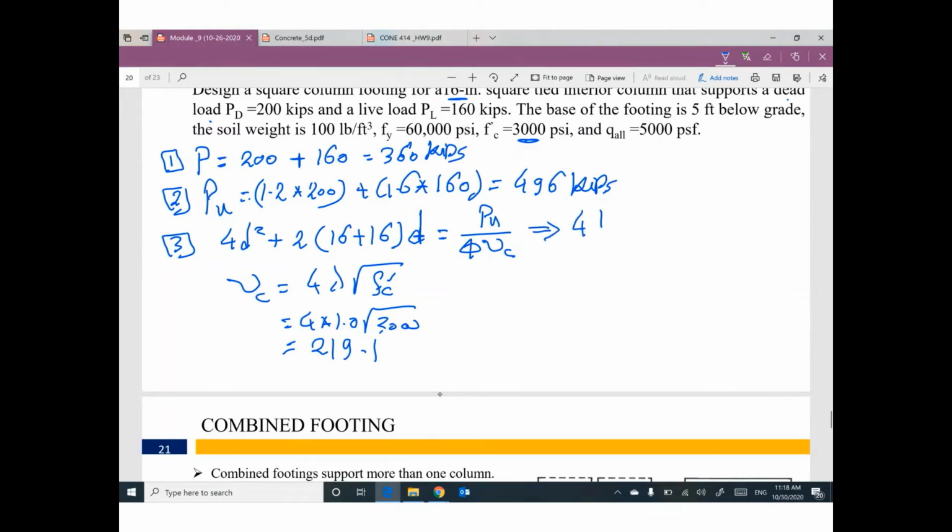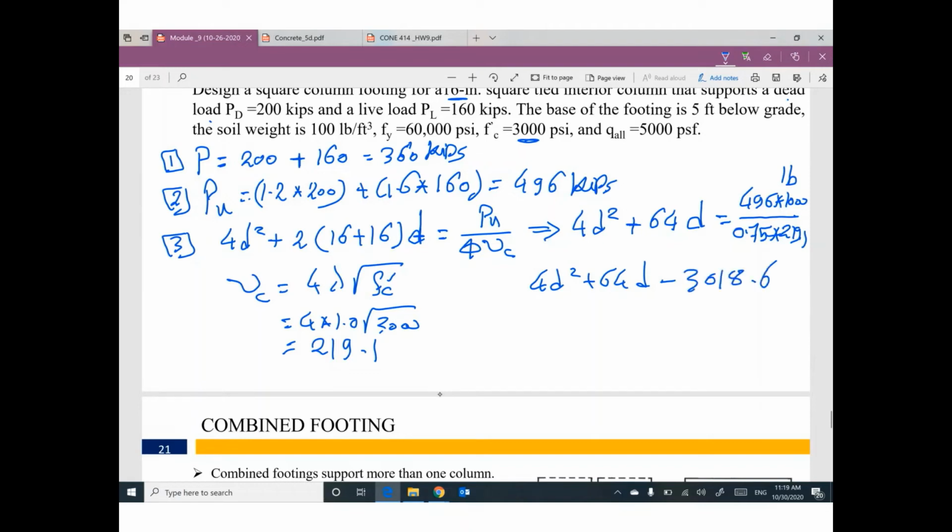So 4d square plus 64d equals P ultimate, 496 times 1000 to be in pound, divided by phi 0.75 times Vc 219.1. So 4d square plus 64d minus 3018.6 equals 0.